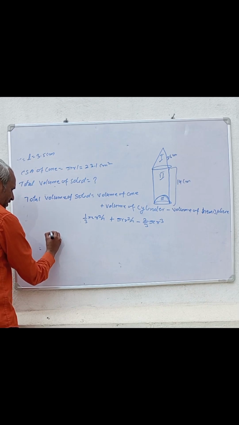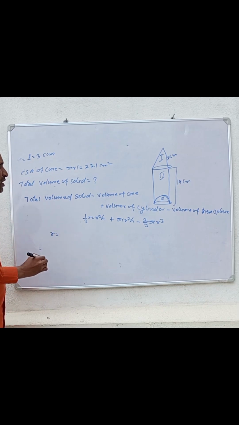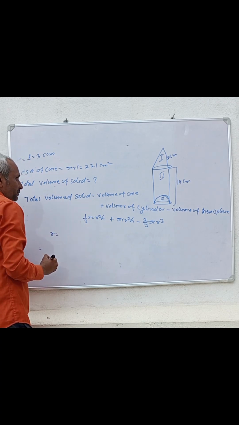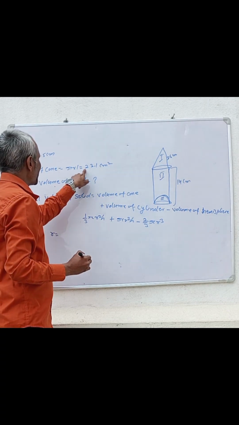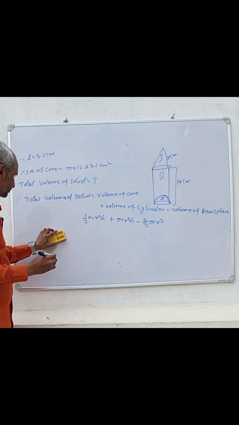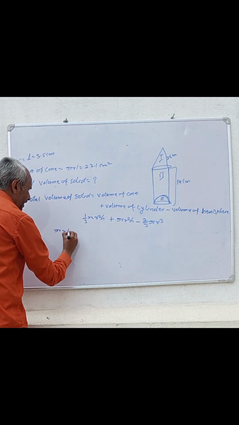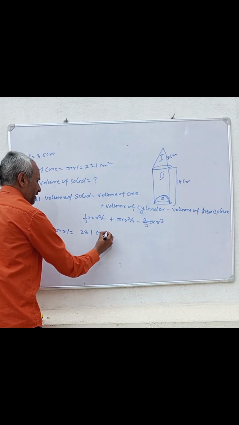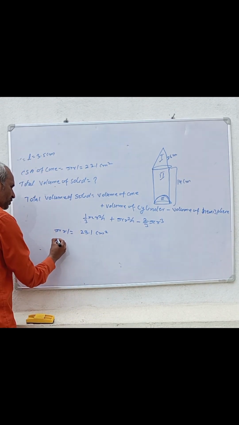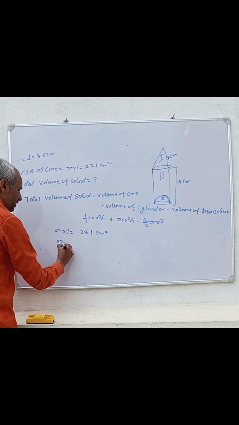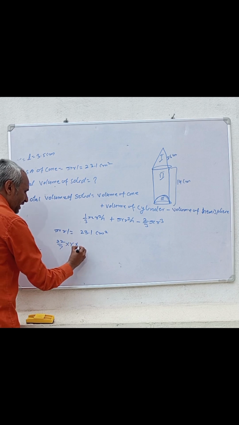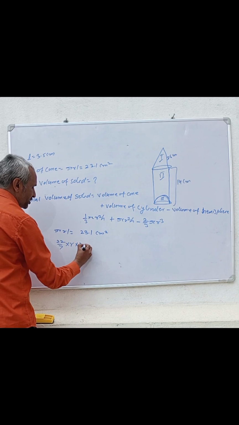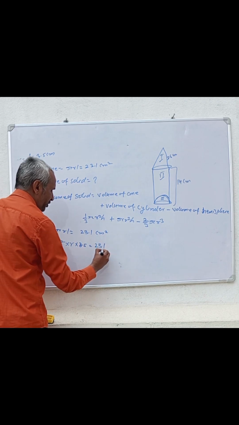The curved surface area, pi r L, is equal to 23.1 centimeter square. Writing the value of pi as 22 by 7, into r into L, where L is given as 3.5, is equal to 23.1.